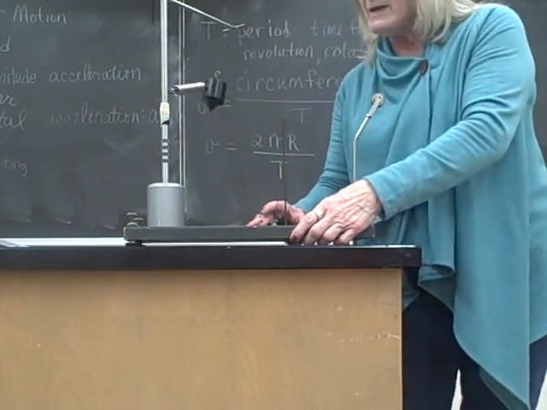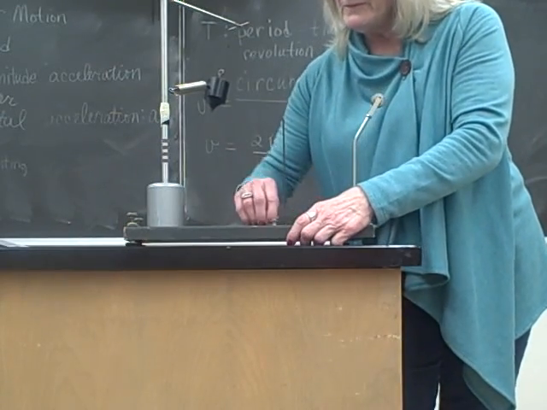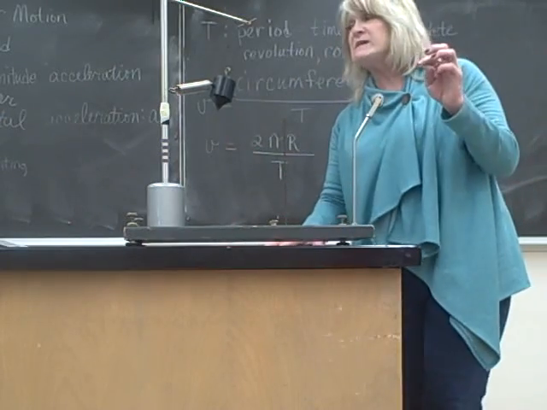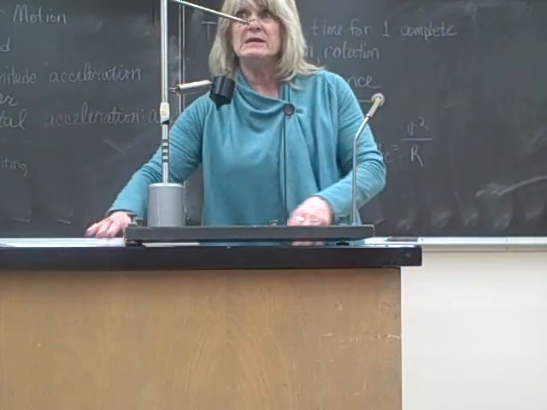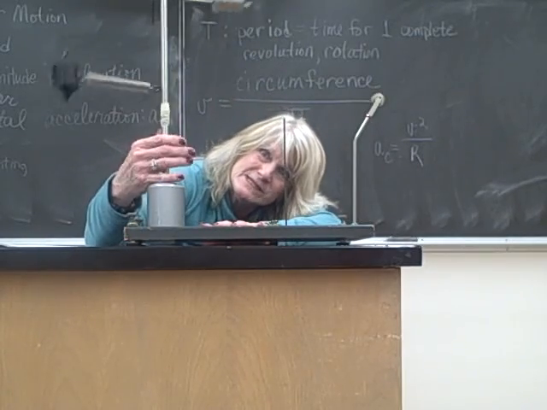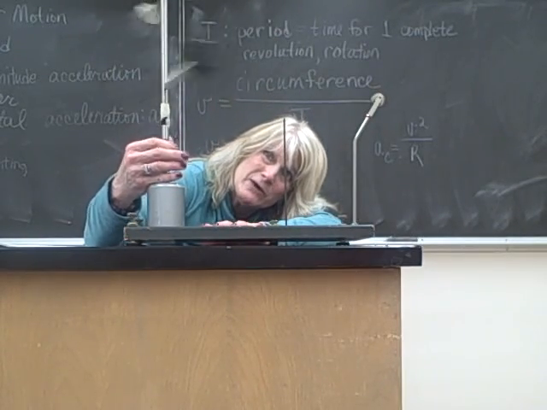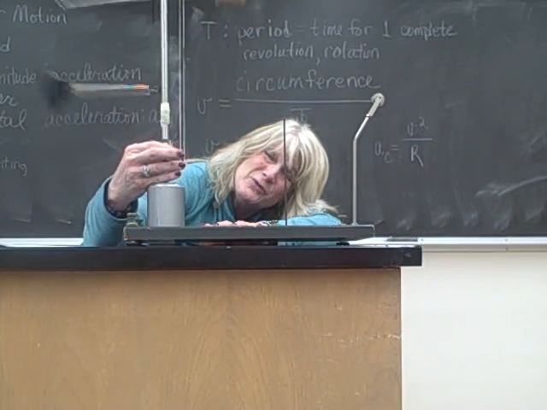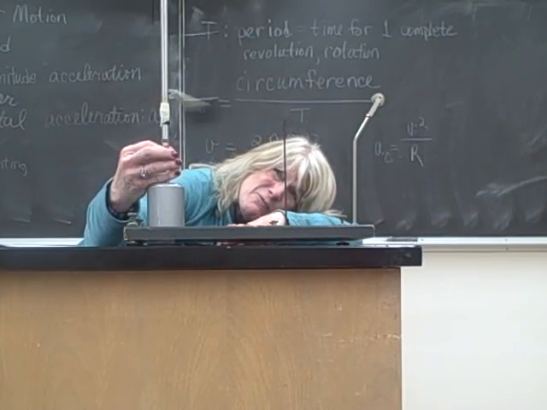So I'm going to go ahead and put it on the biggest radius. Here's the deal. Now this takes some physical coordination to do this. This is like old school, okay? No motor here. It's human power. Ooh, I'm having trouble. Oh, is it going over that rod?